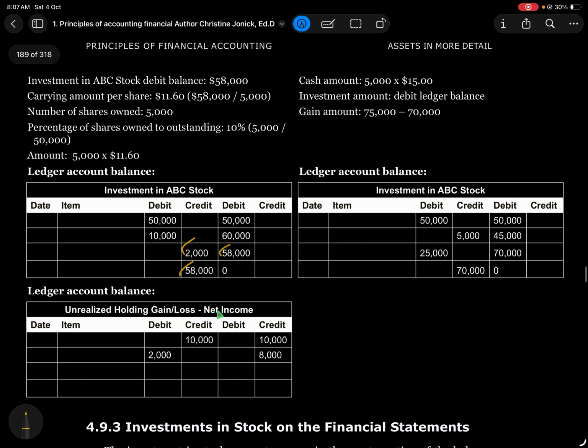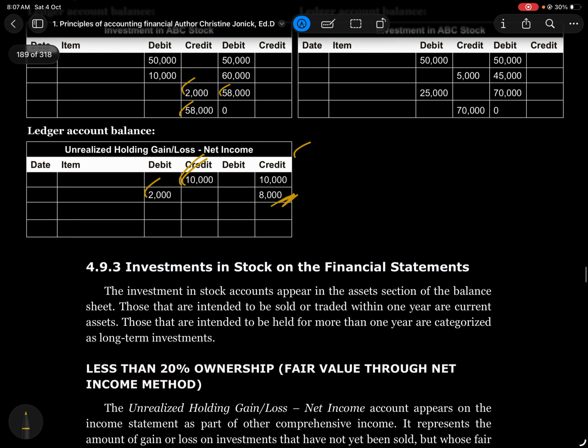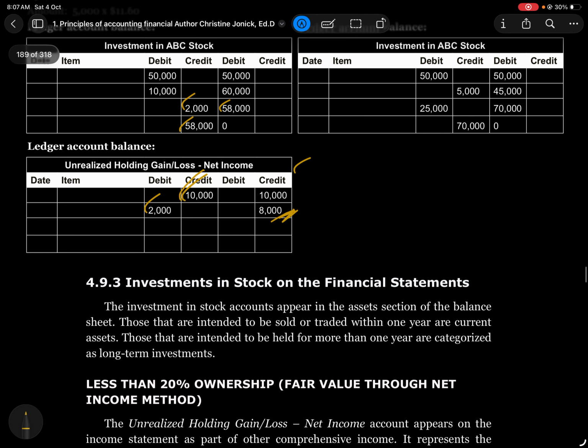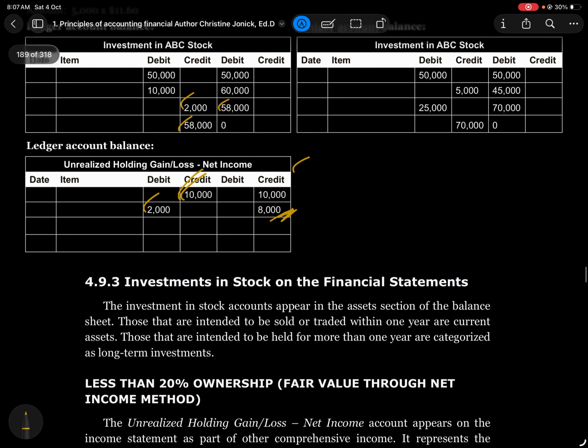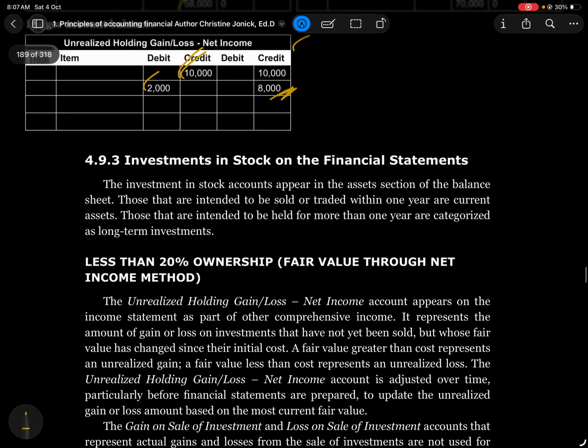Our unrealized gain or loss had a gain of 10,000, and later a loss of 2,000, so the net value came out to be 8,000. That's why we need to get rid of this unrealized gain or loss, and once we sell it, it becomes a realized gain or loss.